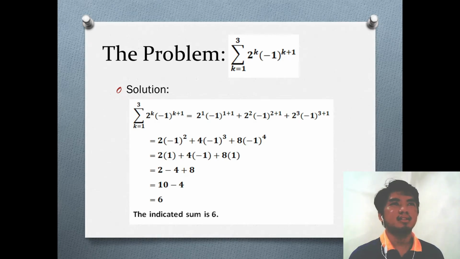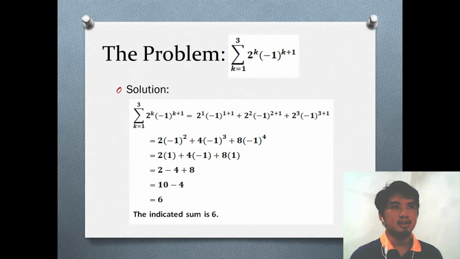So the next problem is 2 to the power of k multiplied by negative 1 to the power of k plus 1, and the summation of 1 to 3. The solution for this problem is we're gonna substitute the k.